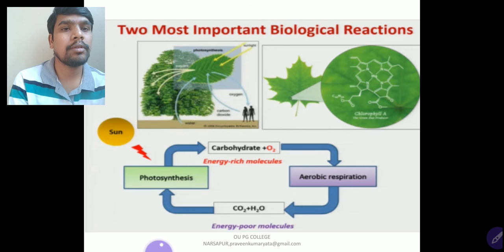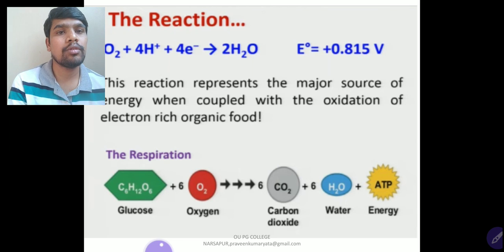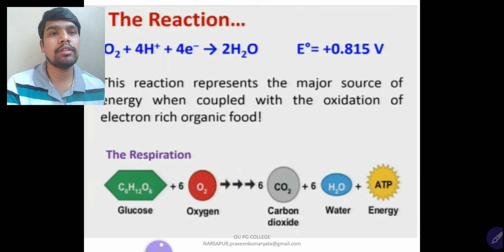So this is a picture of the energy of that reaction. The respiration reaction is glucose plus 6O2 gives rise to 6CO2, that is carbon dioxide, plus 6H2O plus ATP, energy. So ultimately what we observe is, by using oxygen we get energy by burning of glucose.